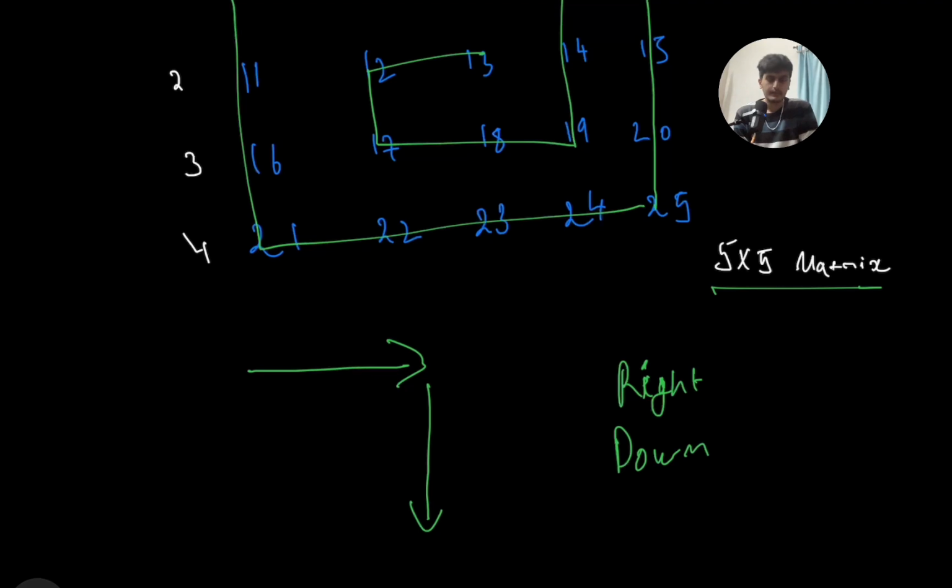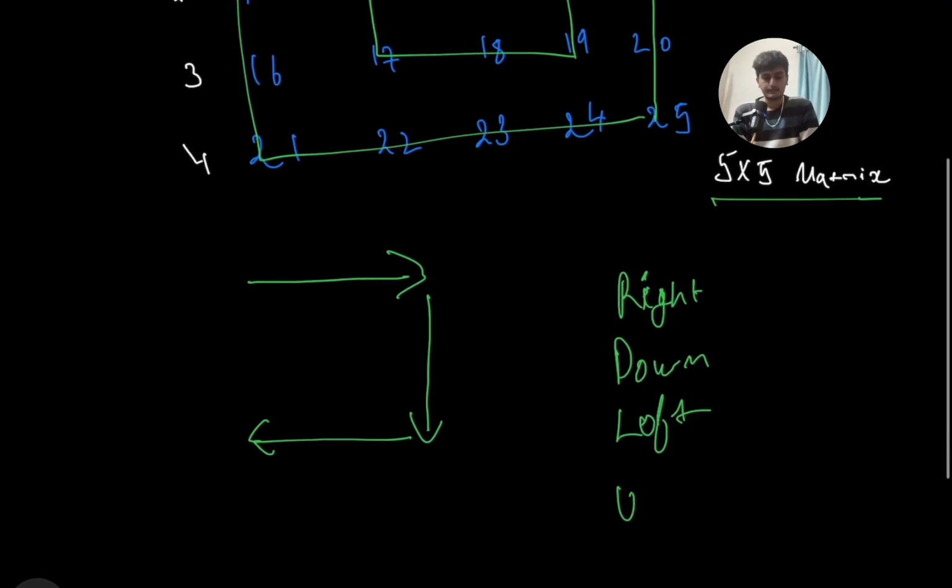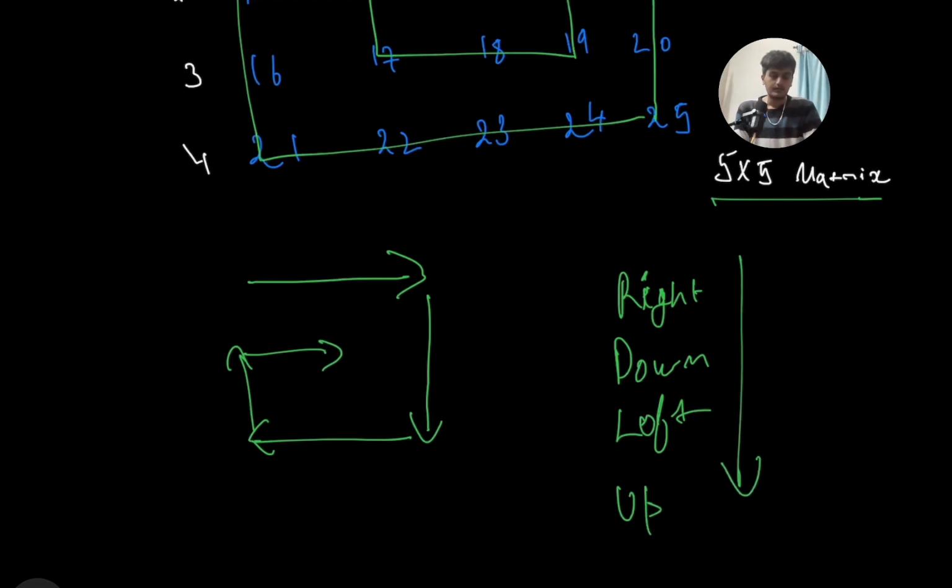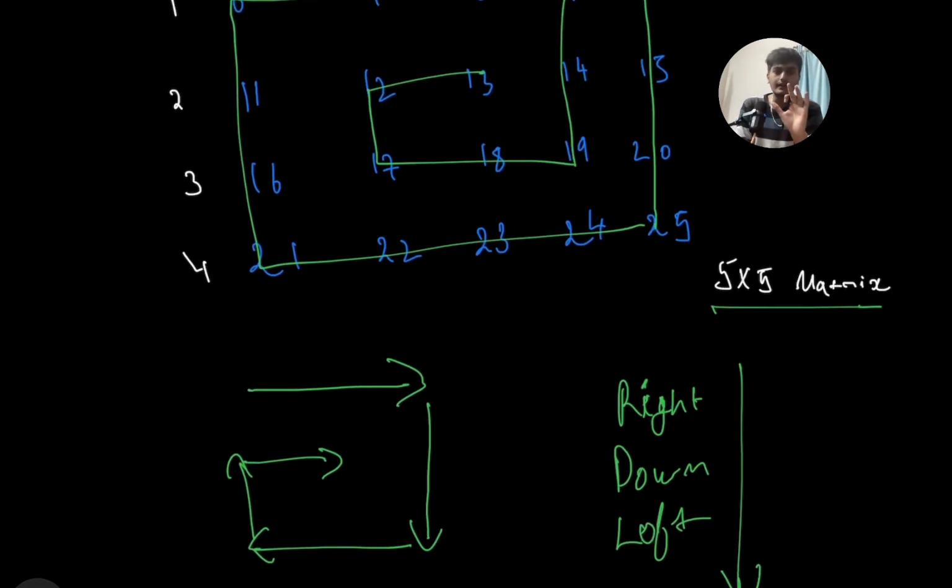At some point again we changed our direction and we go left. Then again at some point we go up. Then again we go right, and this cycle continues. So one thing we have figured out is that we start from a direction, then at some point we change our direction.